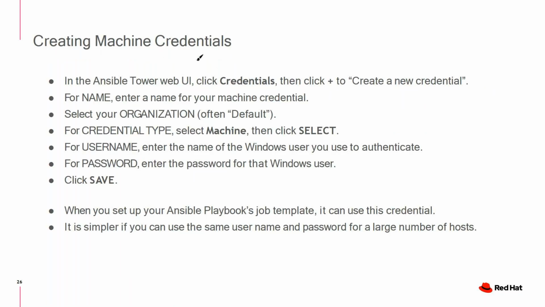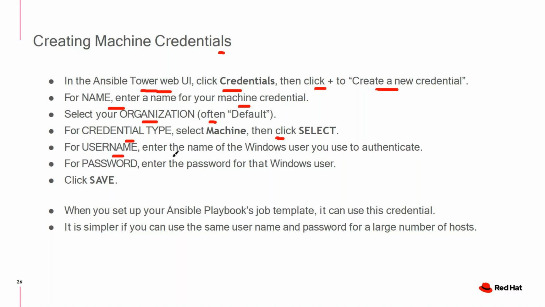So, creating machine credentials. In the Ansible Tower Web UI, click on Credentials, then click the plus button to create a new credential. For name, enter the name for your machine credential, select your organization, often default, and for credential type, select Machine, then click on Select.